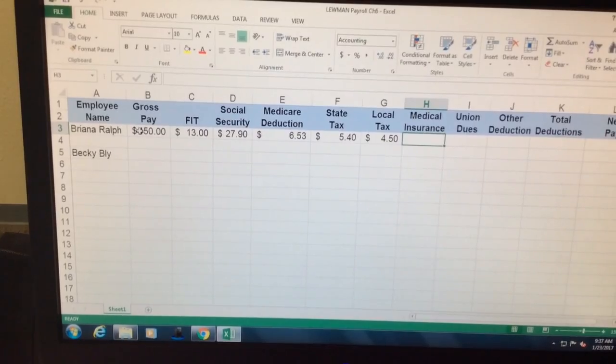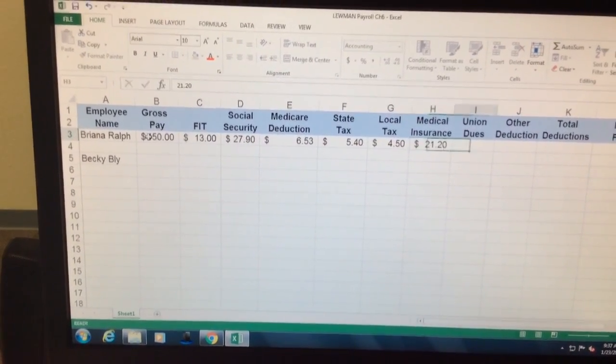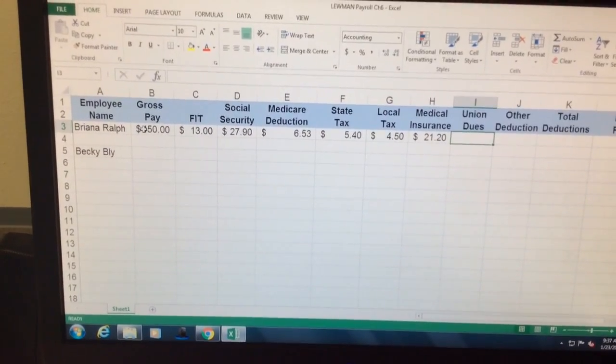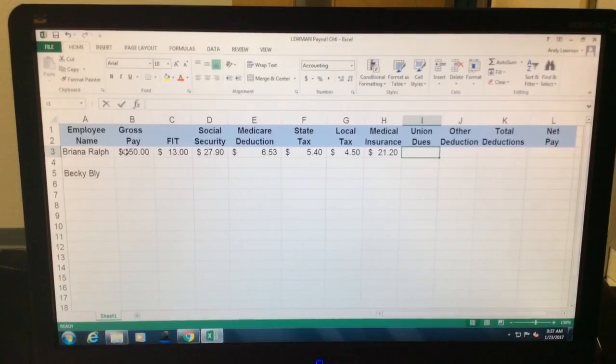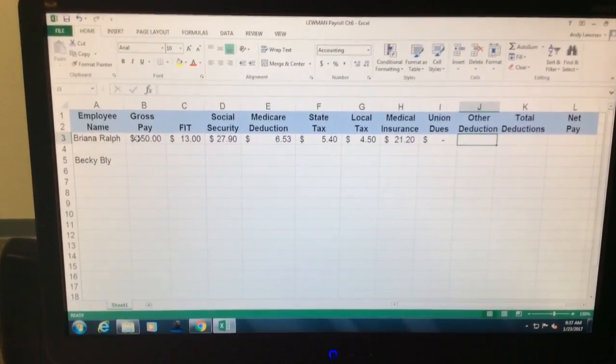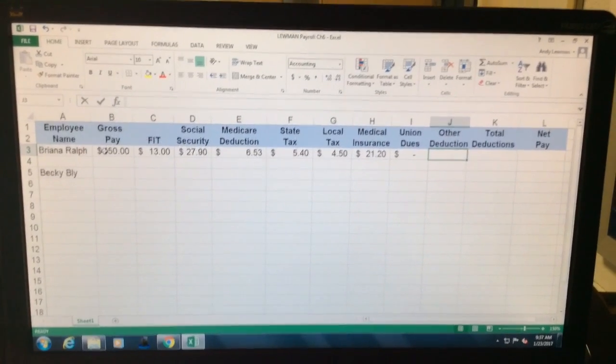Medical insurance, she pays $21.20 per pay for medical insurance. She does not have any union dues, so you would put in 0. And then other deductions was $5 for a savings account.